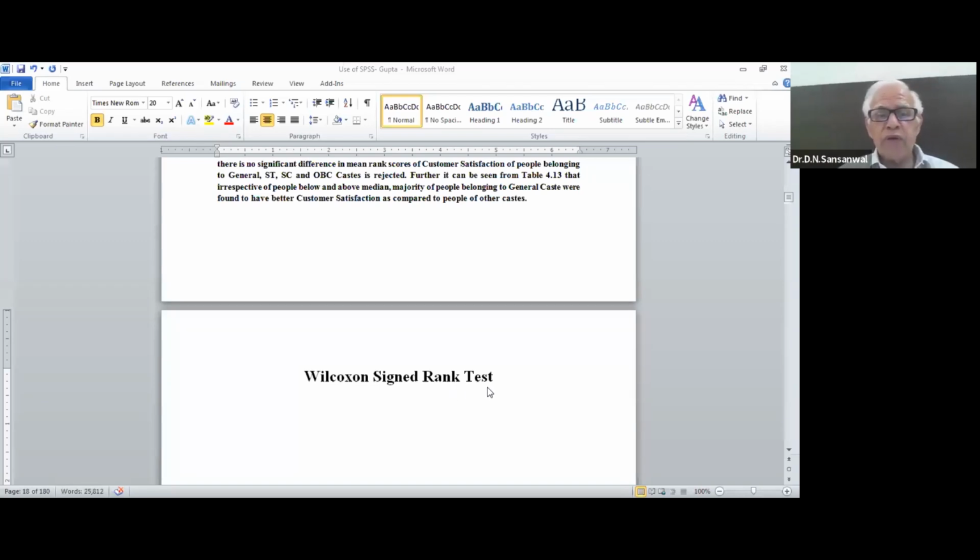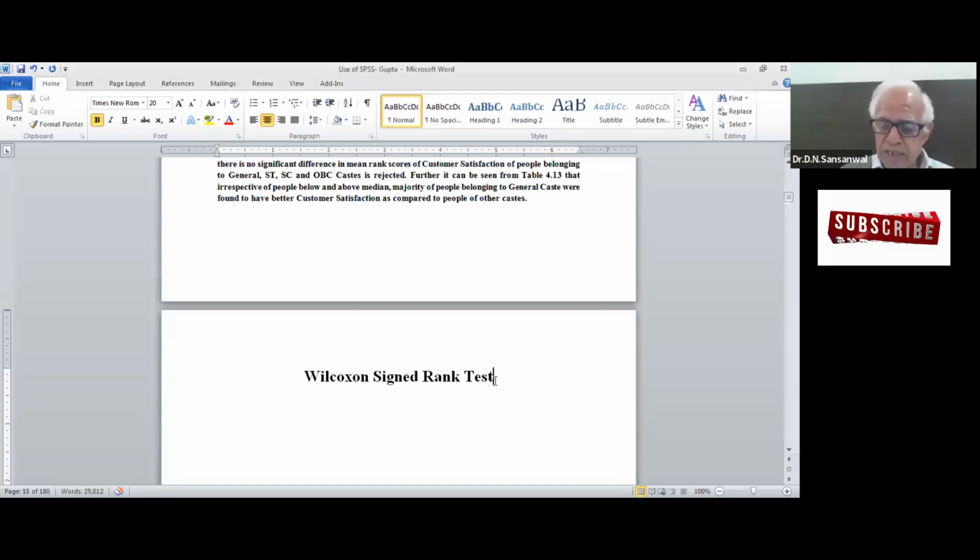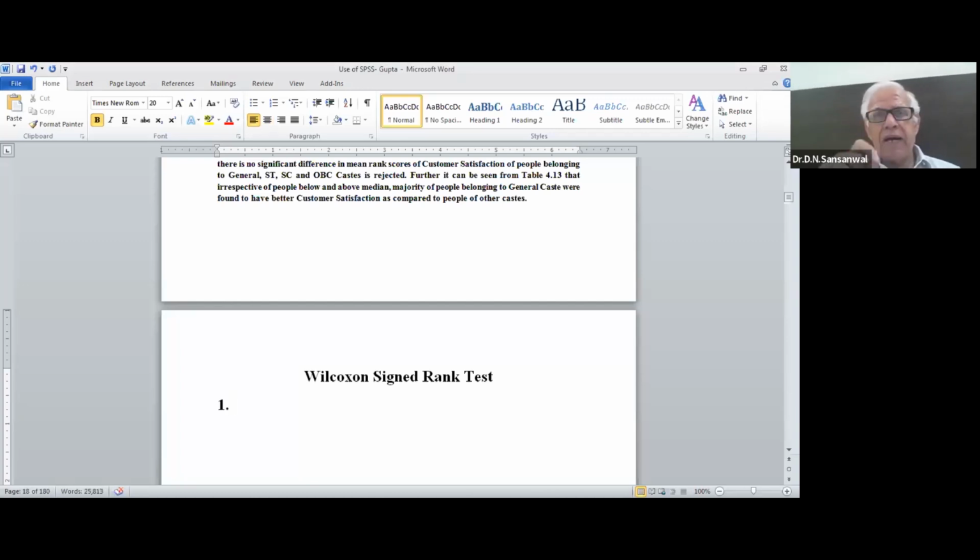So therefore, in the Wilcoxon signed rank test, number one is your data must be on the ordinal scale.